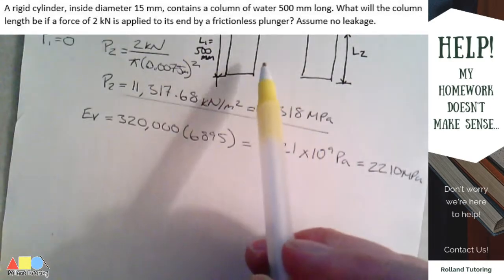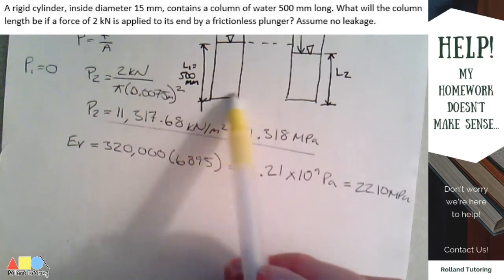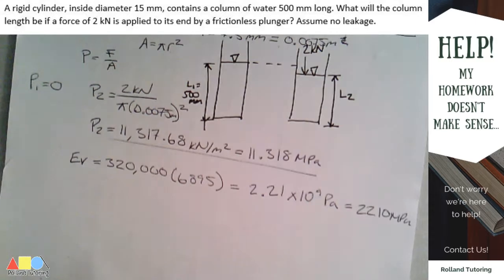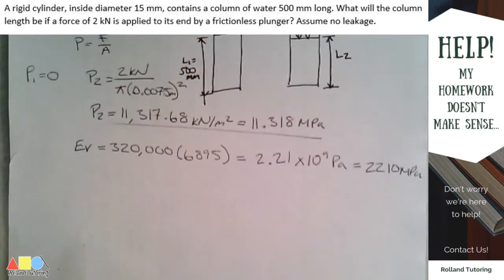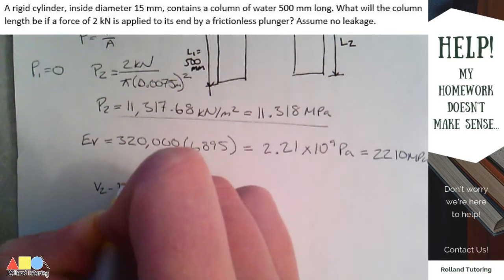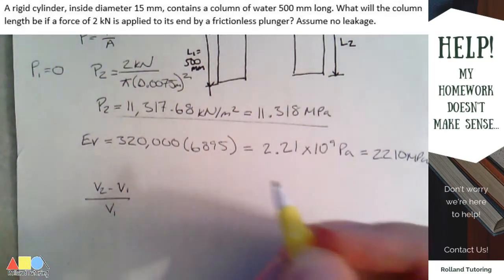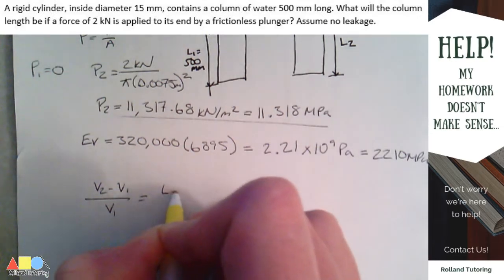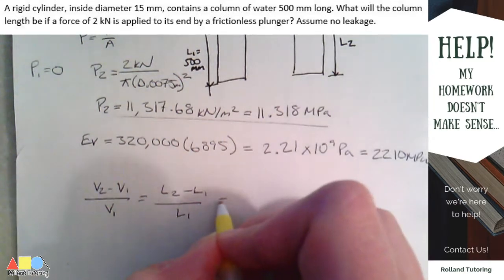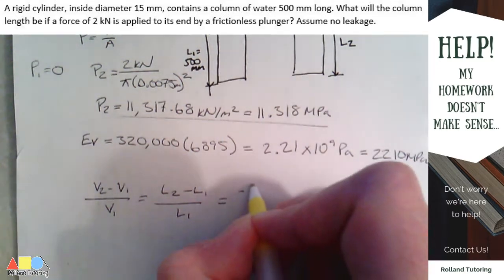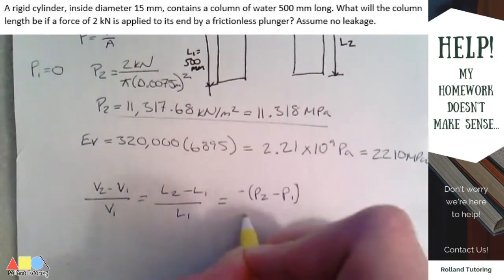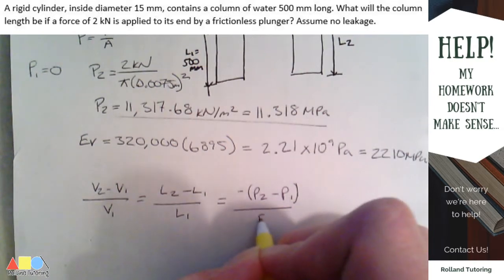Since we said the tube is rigid, we know that it can't stretch out, it can't blow out the bottom here, it can't widen. So we can use the same equation we've been using before, where we have volume 2 minus volume 1 over volume 1, which is equal to length of the second one minus length of the first one over length of the first one, which is also equal to the negative of pressure 2 minus pressure 1 over the bulk modulus.